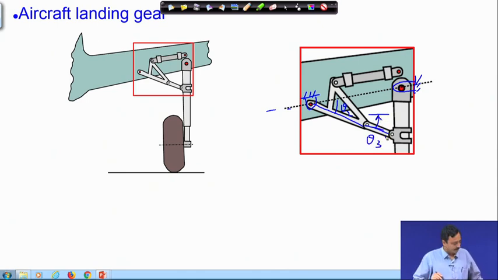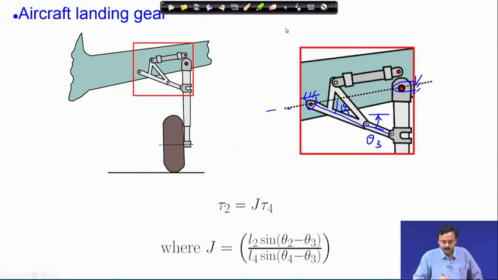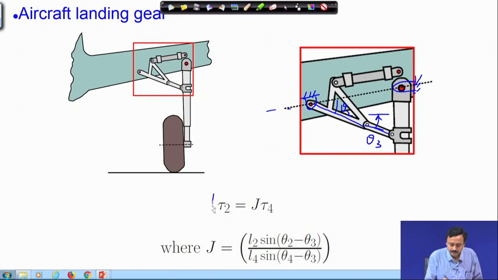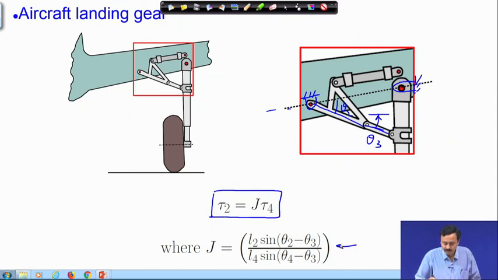They are very equal, nearly equal or equal, and hence the torque relation between the input and output, tau 2 is j times tau 4, where j is again given by this.